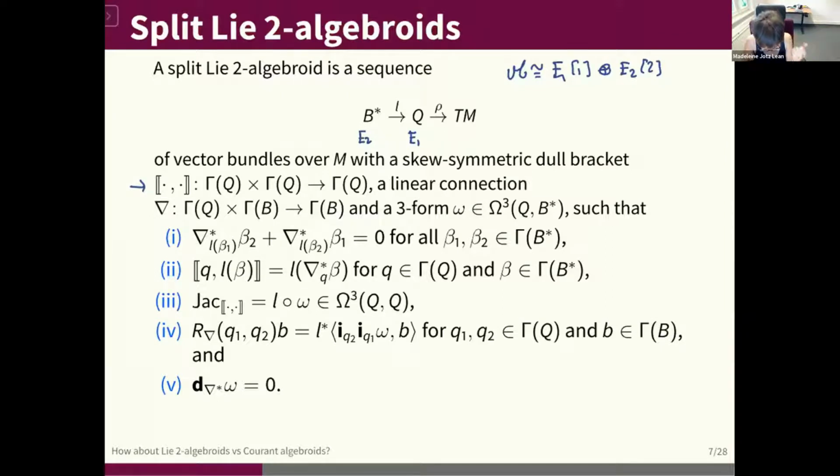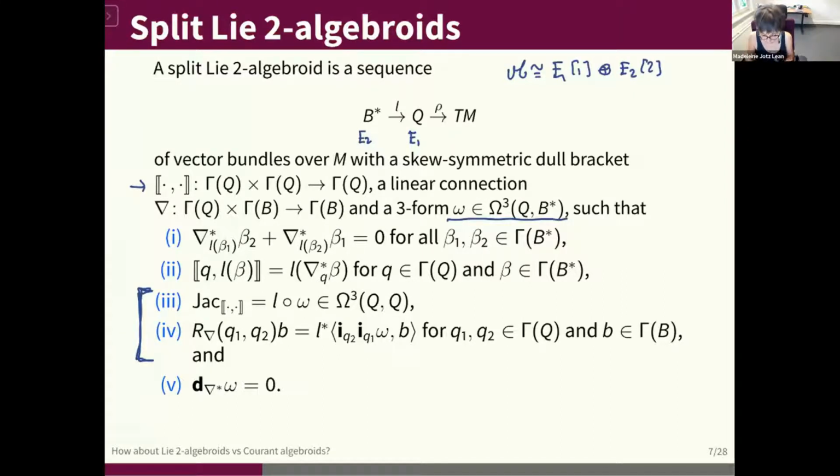So there's a connection of Q on B, and those two objects are really not integrable. Again, Q is not a Lie algebroid. B is not a representation of Q, but the Jacobiator, sorry, and the flatness or non-flatness, the curvature of the connection, are measured or controlled by a 3-form on Q with values in B*.